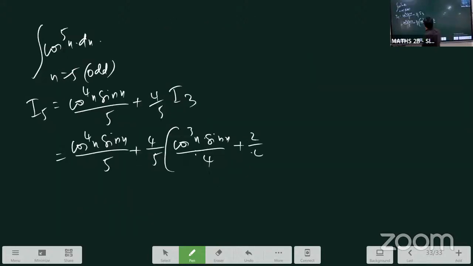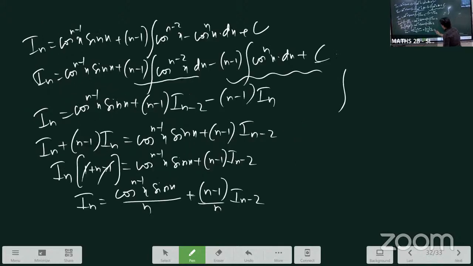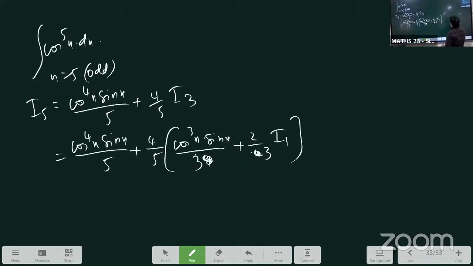So this is 3, I3, correct? Then 2 by 3 I1, because what is your formula? 3 minus 2, no? So 3 minus 2 will be 1, right?